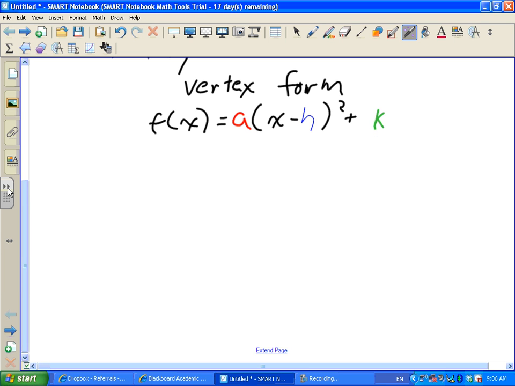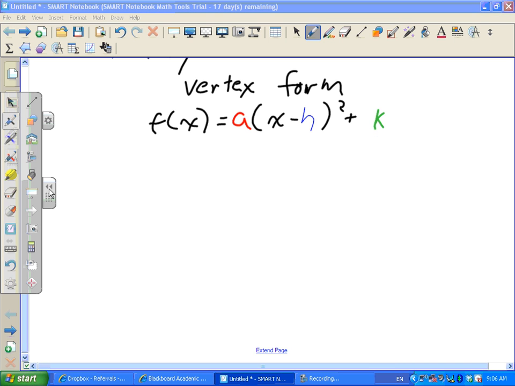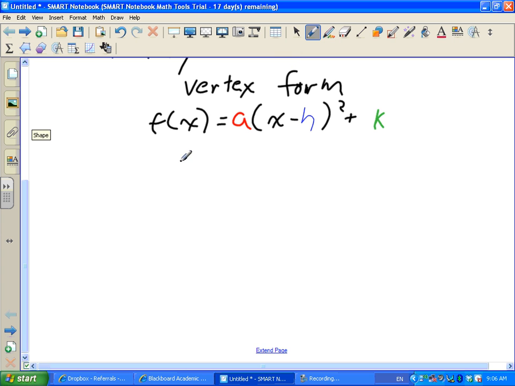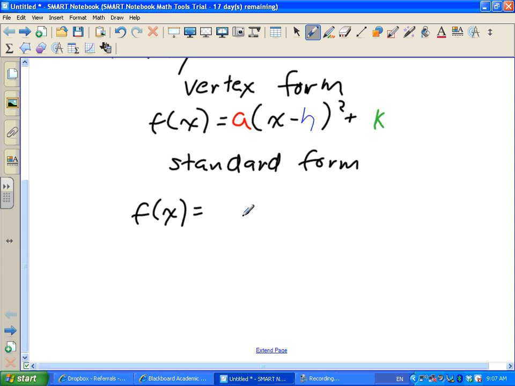What we're going to deal with today is moving from vertex form to standard form. So standard form is f of x is equal to, and I'll get the other things in here in a second, a x squared plus b x plus c. Again, we have an a.